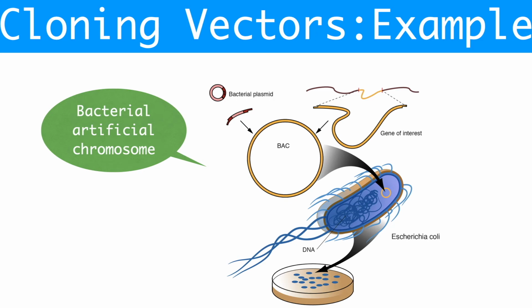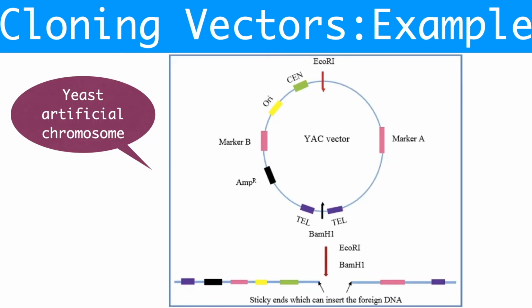Here I have presented an example of an artificial bacterial chromosome from E. coli, and the transformation has been done in the Escherichia coli or E. coli cell.